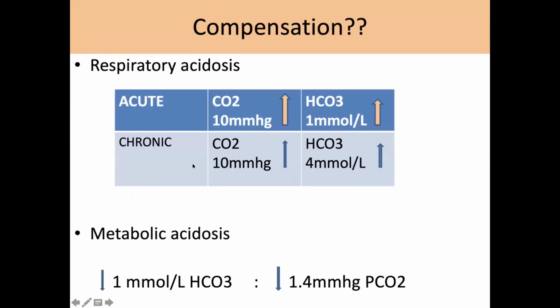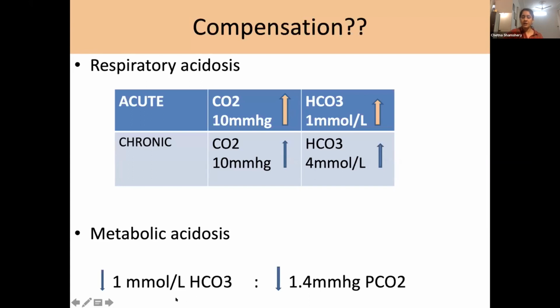What is the compensation? If we are in an acidotic state, when the CO2 goes up in acute stages by 10, the bicarbonate will move up by 1. In chronic conditions, when the body has got used to that CO2, the bicarbonate will go up by 4. So it is 1, 4 compensation by the metabolic component.